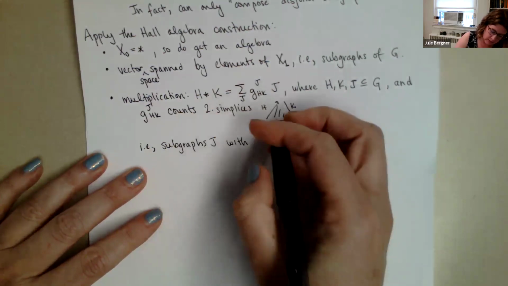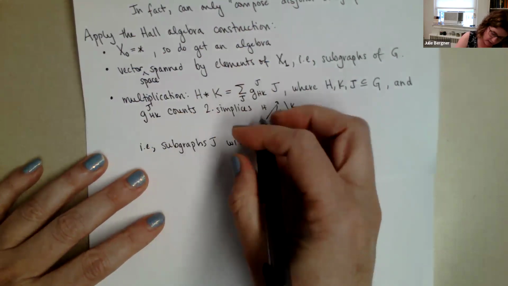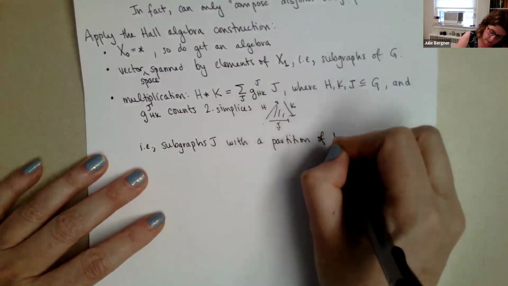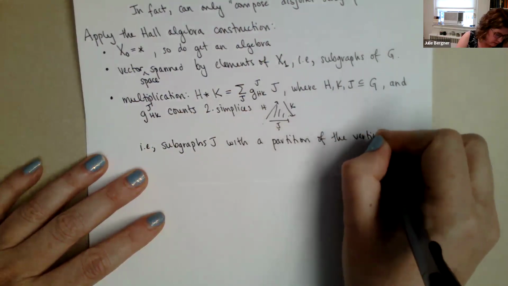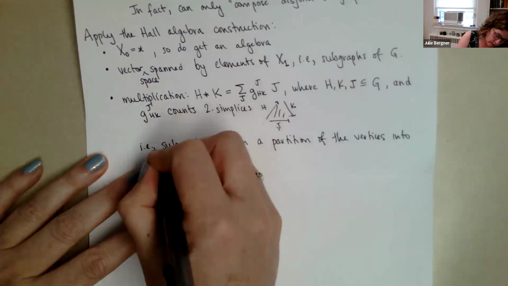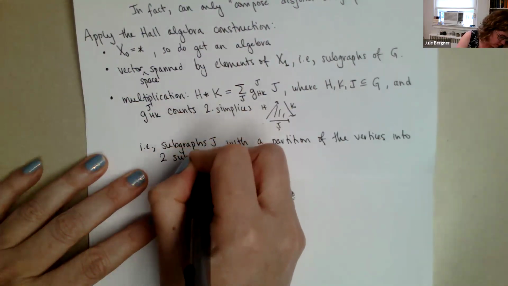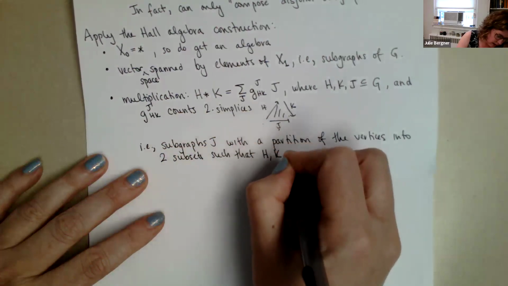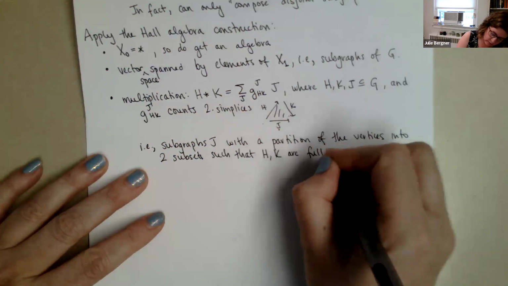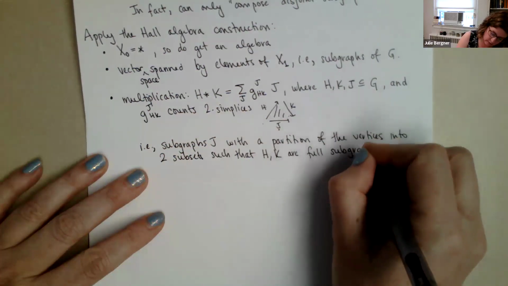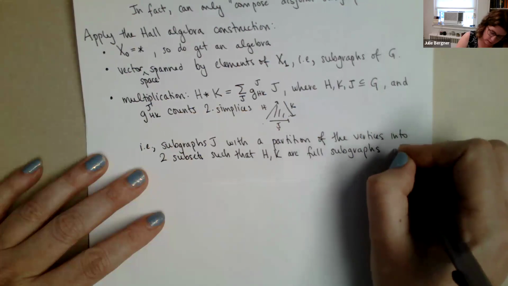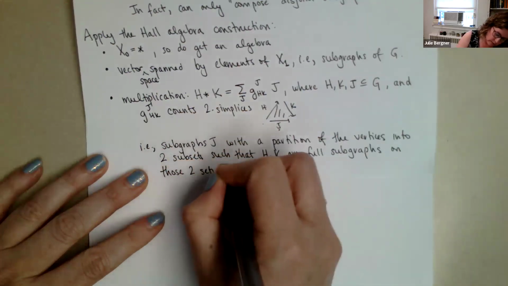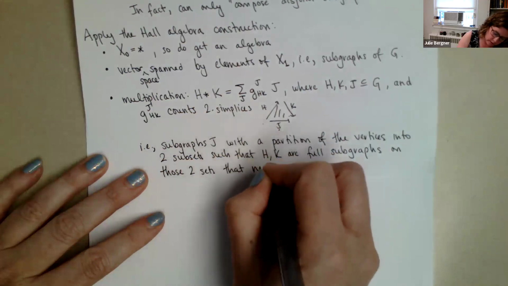So these two-simplices will be given by subgraphs J with a partition of the vertices into two subsets such that H and K are full subgraphs on those two sets, which are necessarily disjoint from each other.